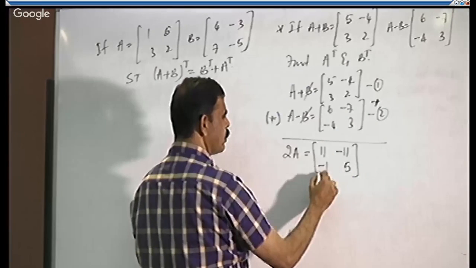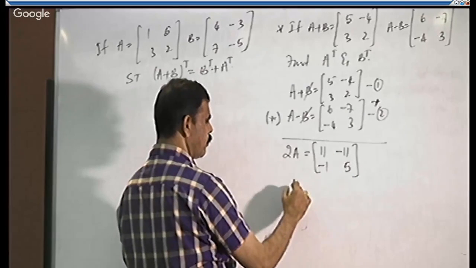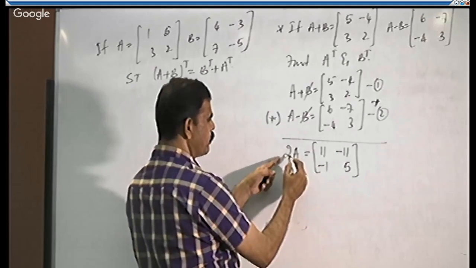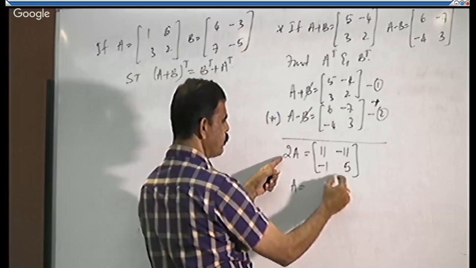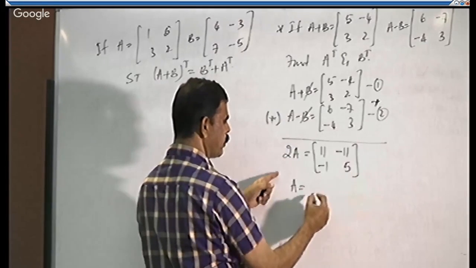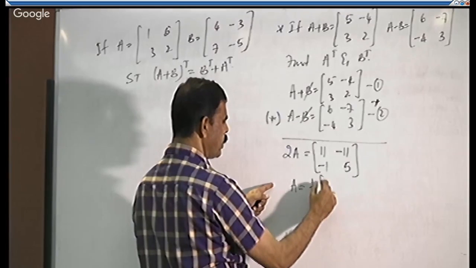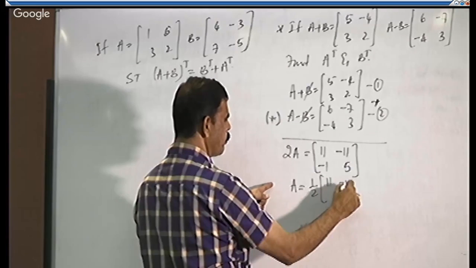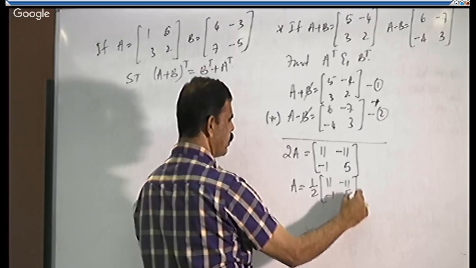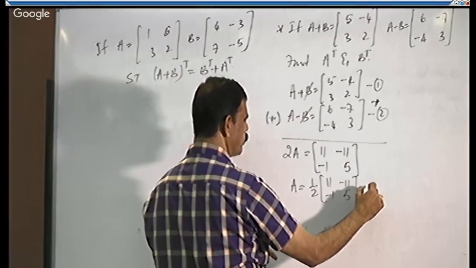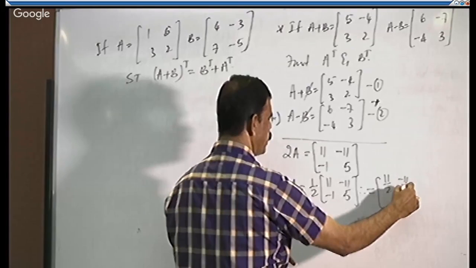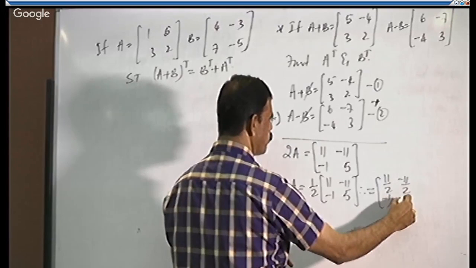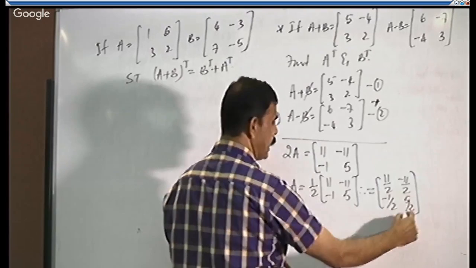Clear? Then take A. What is A? A means cross multiplication. 2 goes to the denominator of the whole matrix. That means it is 1 by 2 into [11, -11; -1, 5]. Therefore A is equal to [11 by 2, -11 by 2; -1 by 2, 5 by 2]. It is A, right?